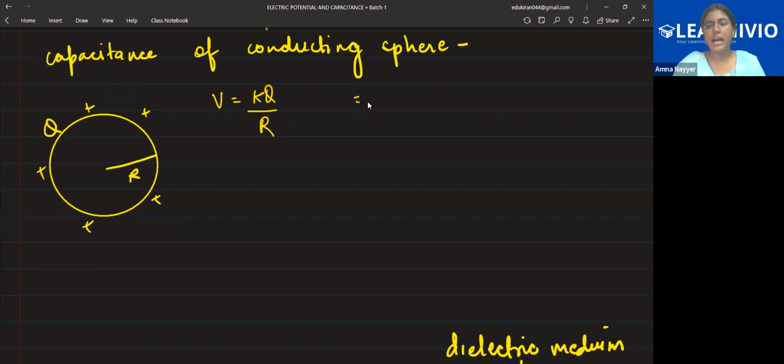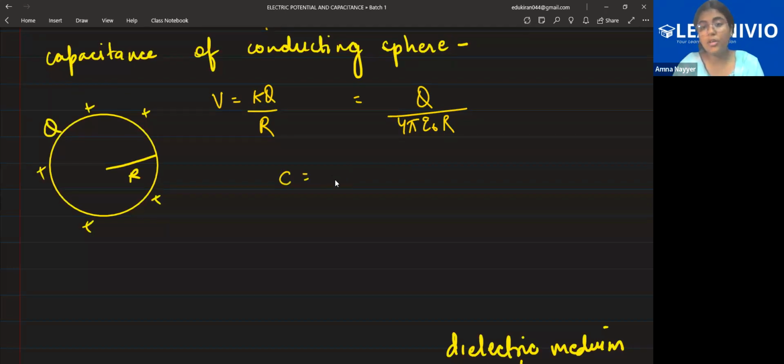I want to write down the full formula of k, which is 1 over 4 pi epsilon naught. So V is equal to q over 4 pi epsilon naught r, that is, V is equal to kq by r.